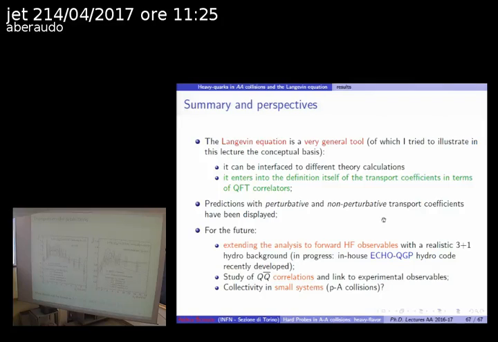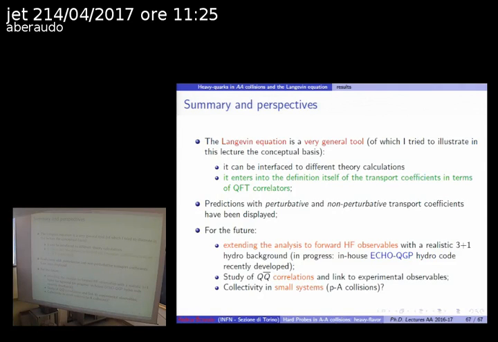So this is more or less the end of the story. And nowadays clearly there are attempts to do better, for instance also to extend the analysis to observables at more forward rapidity by performing full 3+1 simulations for the hydrodynamic background.